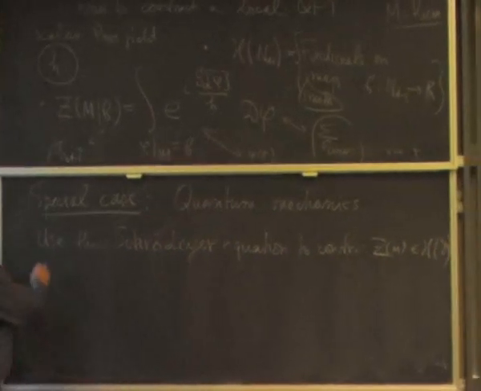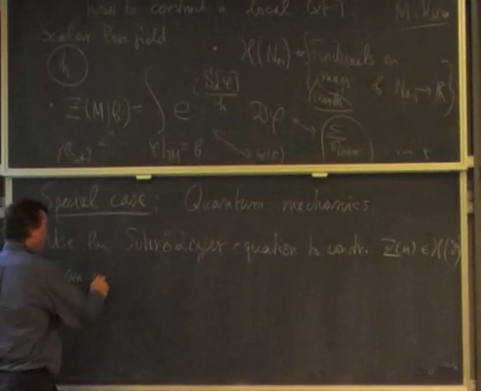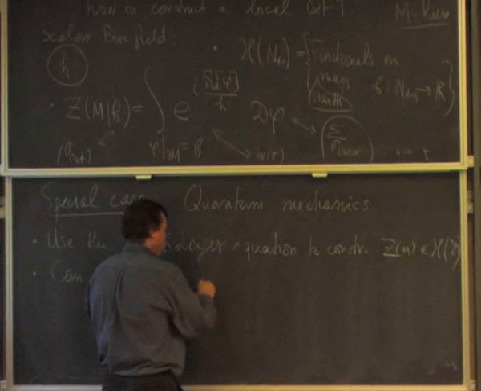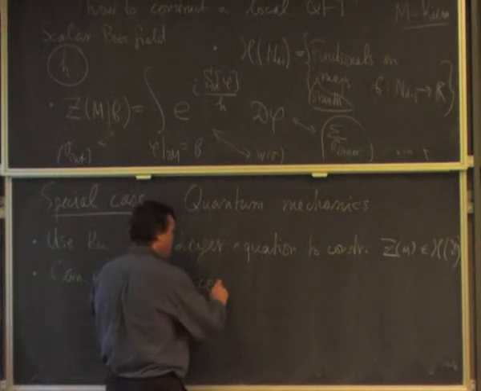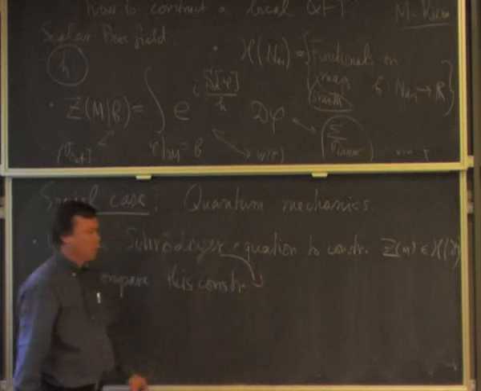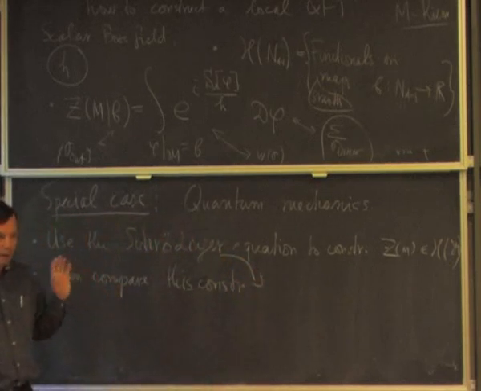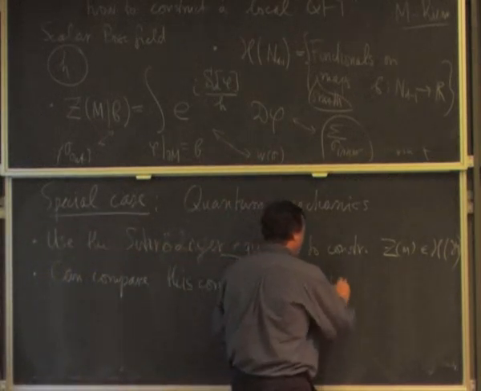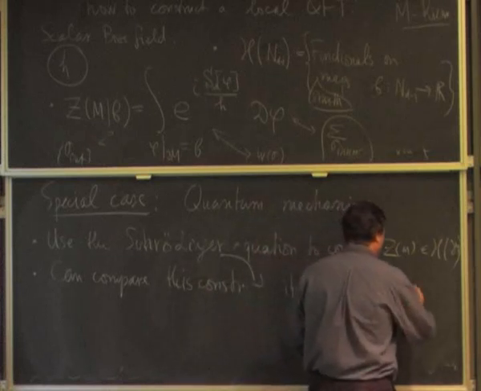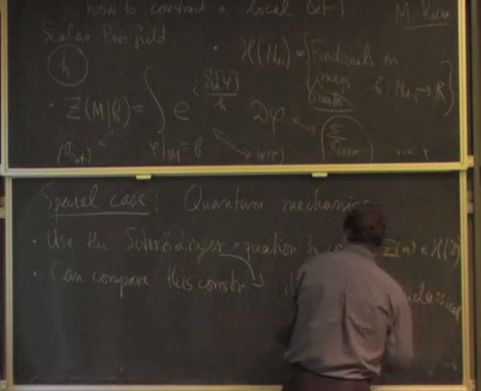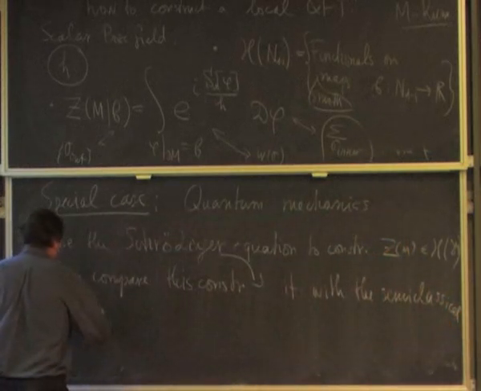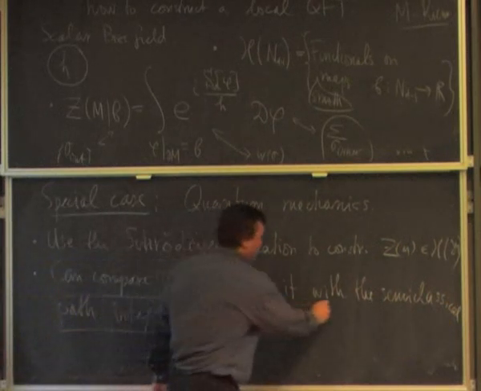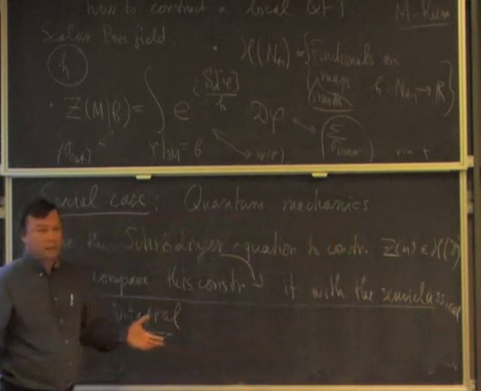And we can compare. First, we have this construction from the Schrödinger equation, which is mathematically completely meaningful. And second, we can compare it with the semi-classical path integral. And remarkably, the answers coincide.